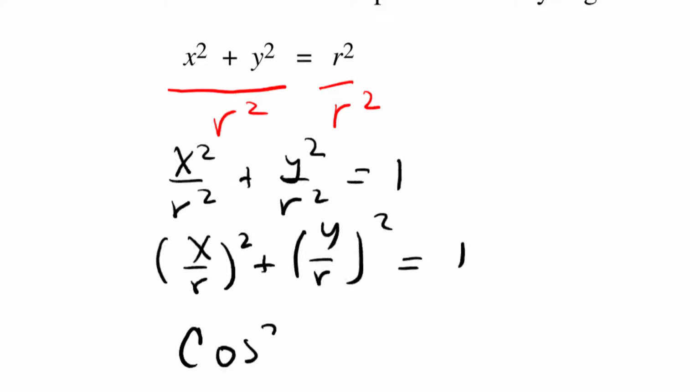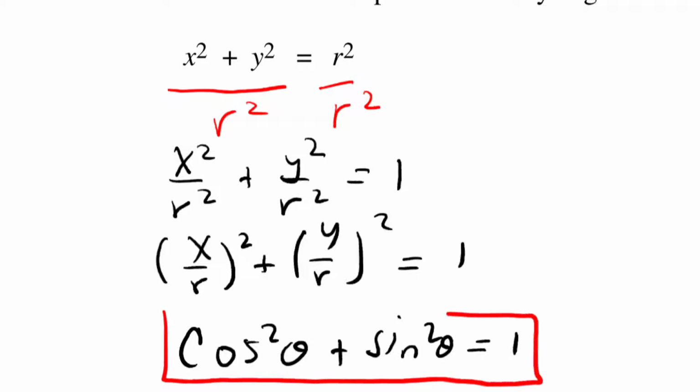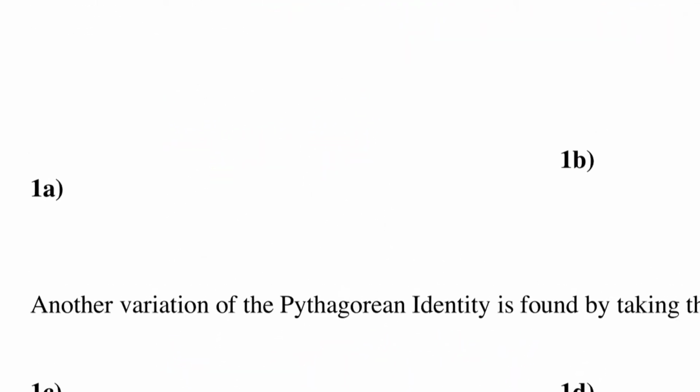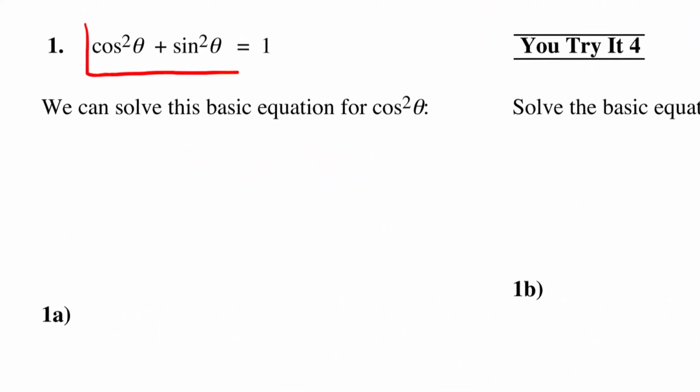But x over r, that's cosine theta. So x over r squared is cosine squared theta, and y over r squared is sine squared theta. And this gets us our most basic Pythagorean identity, on which all other Pythagorean identities are built.